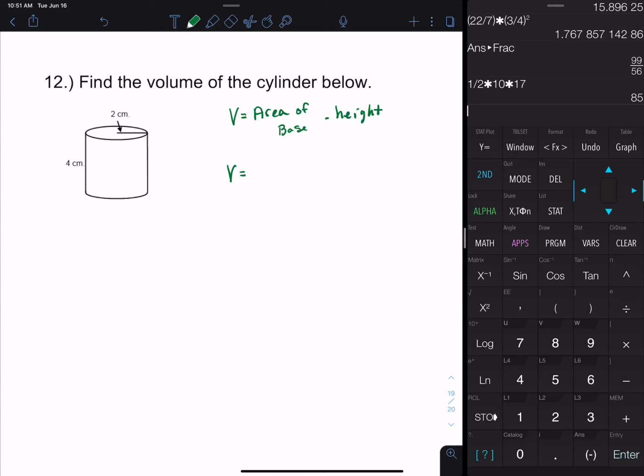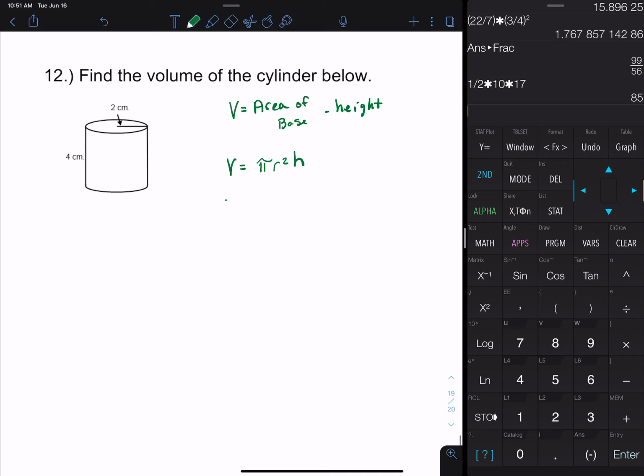So it's the pi r squared times the height. Now both our units are in centimeters, so we're good. So I'll say that the volume is pi times that radius, so that's this 2 centimeters that's up here, squared times the height, that's this 4 inches. Or I'm sorry, 4 centimeters.